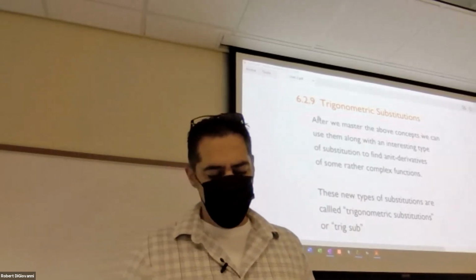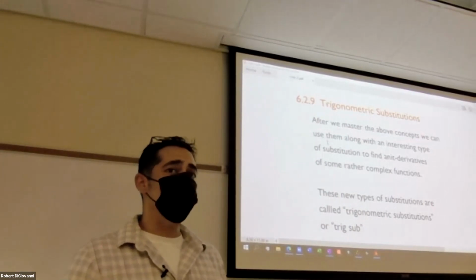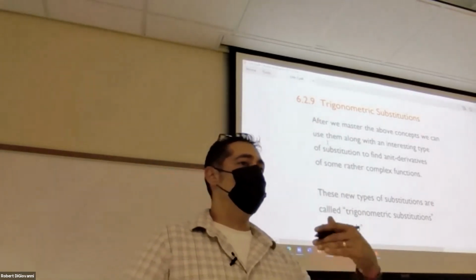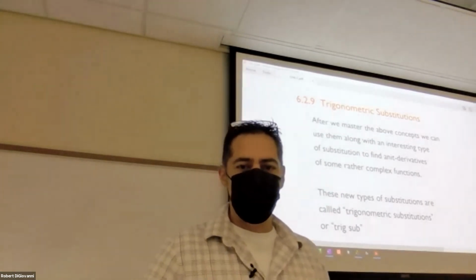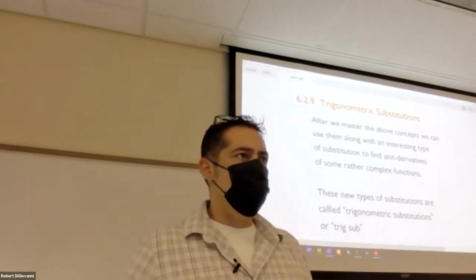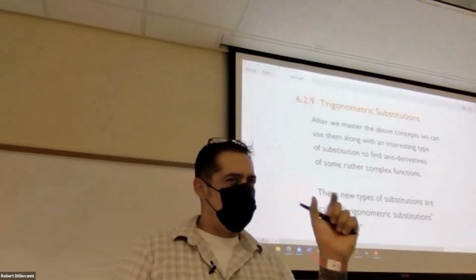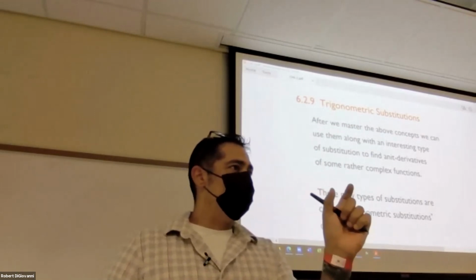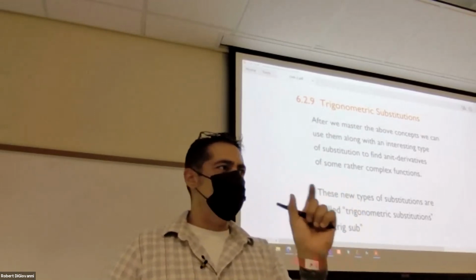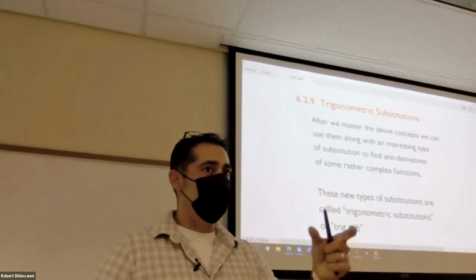So what we're gonna do is make a substitution. Now, we've done substitutions in the past. We did U substitutions, right? So this substitution is gonna be a little bit different. We're going to make a substitution when we see a specific type of integral. The substitution that we make is going to seem very unnatural, but it's going to make things work out in our favor.